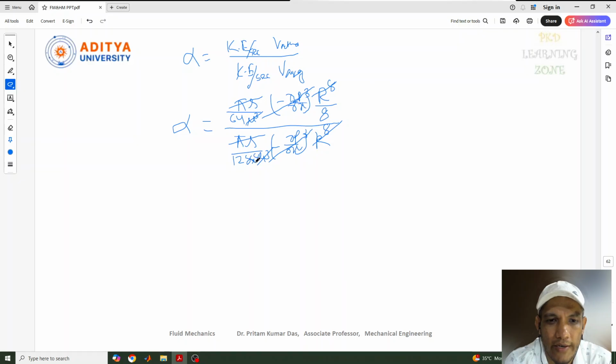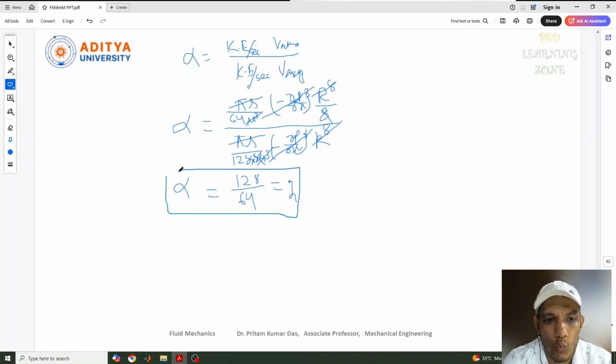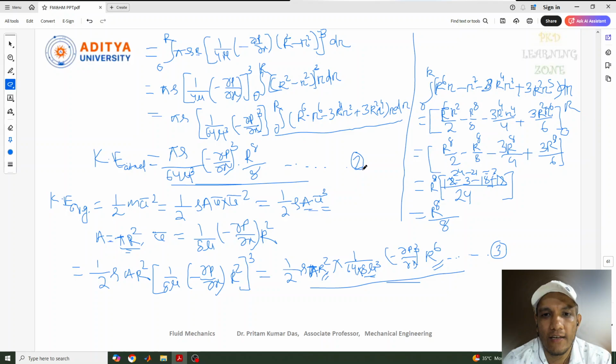So this is 128 into 8, and here this 8 is going to be cancelled. Now what terms are pending here? I can write alpha as 128 divided by 64. So the energy correction factor we are going to get is 2. So this is the final answer.